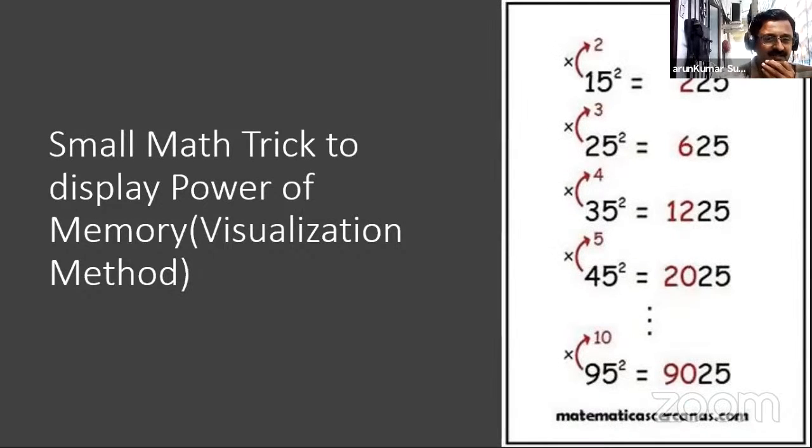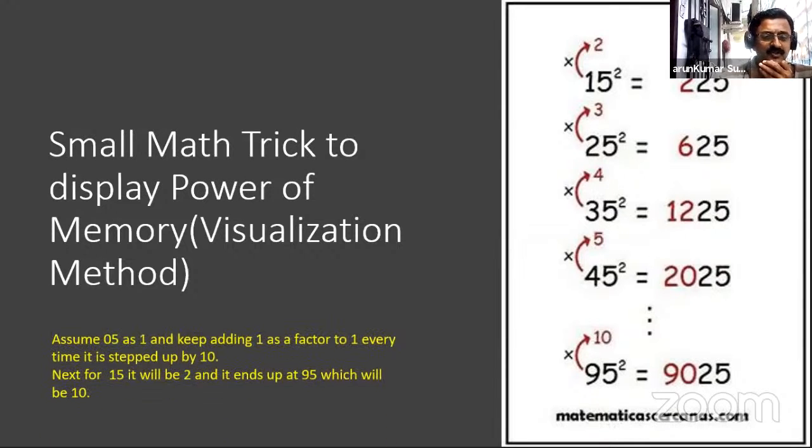So here is a small math trick to show how you can visualize. You would remember the days when you would mug up what is 15 square, 25 square, 35 square, etc. Right? There is actually a trick to remember this. Assume 0, 0, 5 as 1, and keep on adding 1 as a factor every time it is stepped up by 10.